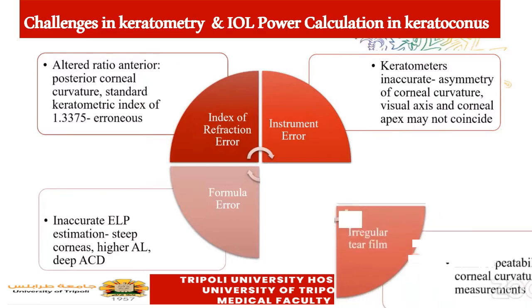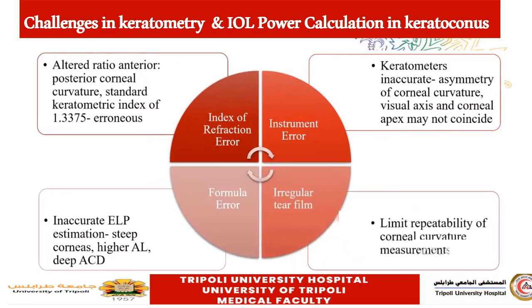All of these points, apart from the surface problem: patients with keratoconus have an ocular surface problem. They have irregularity or instability of the tear film. So this is another challenging point, especially if they are using a contact lens, either soft or hard.